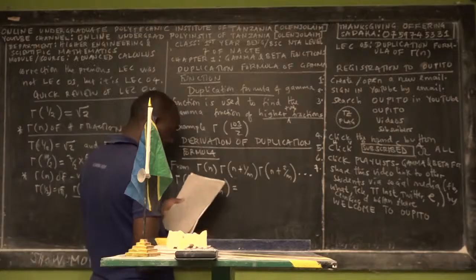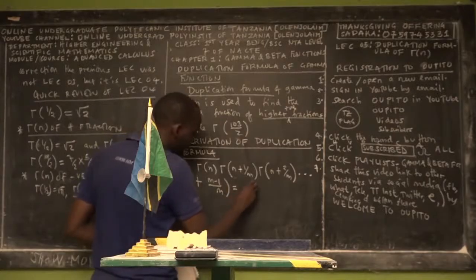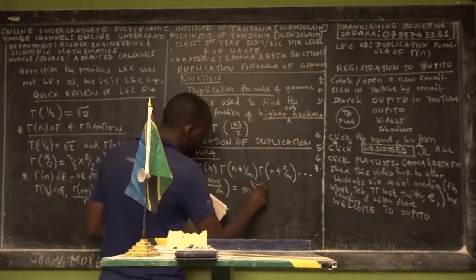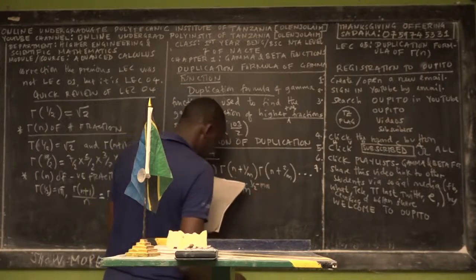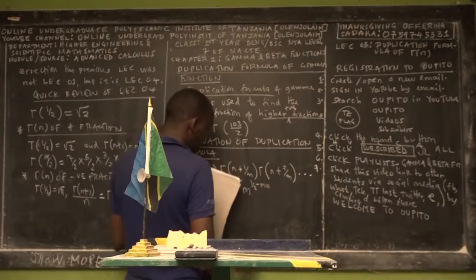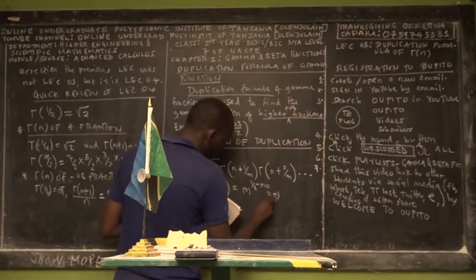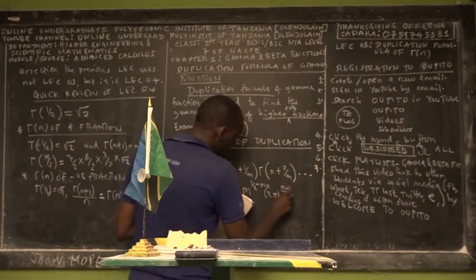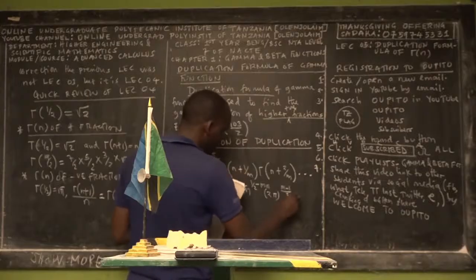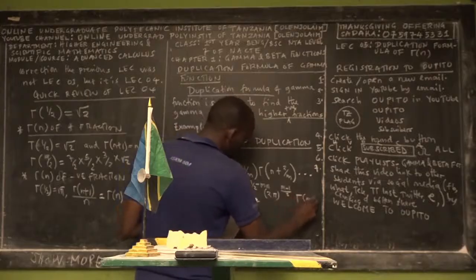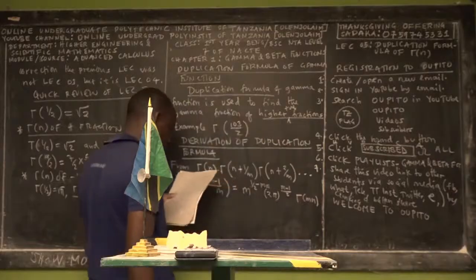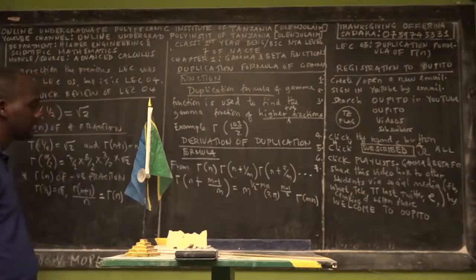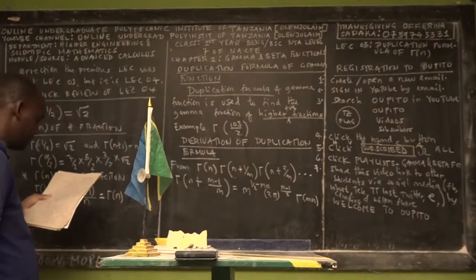On the right hand side, we have m power half minus mn, then you have 2 pi power m minus 1/2, then you have gamma of mn. So this is the general formula that gives us the duplication formula.